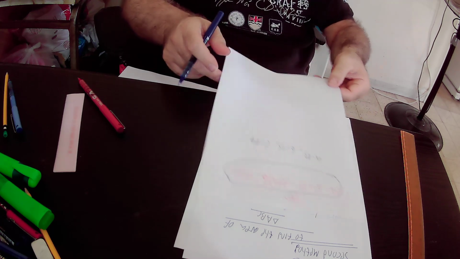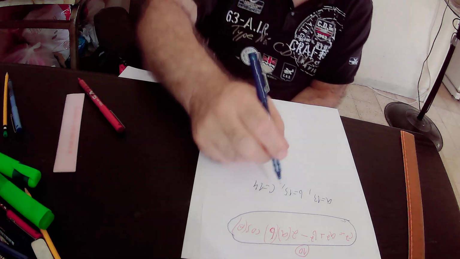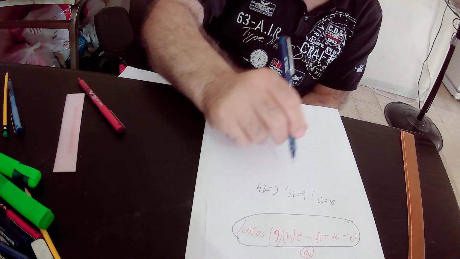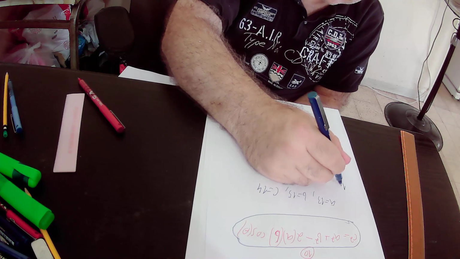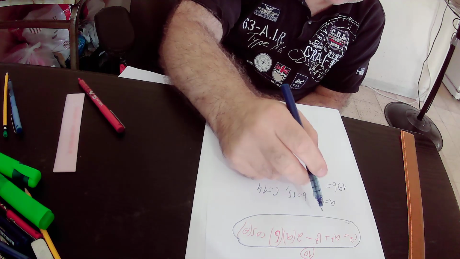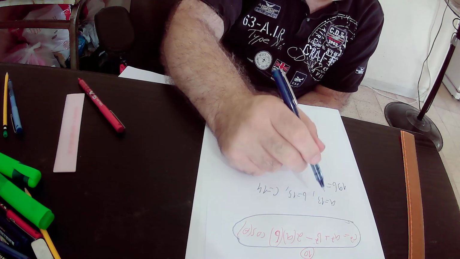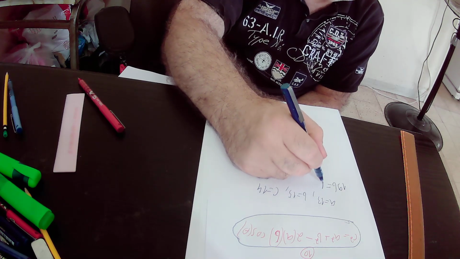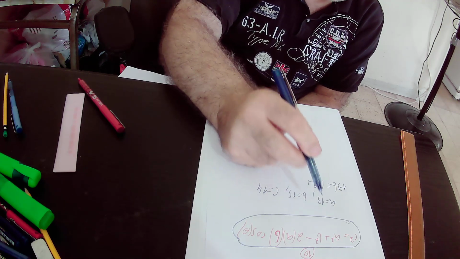Okay, so what is the value of C squared? C equals 14, so C squared is 14 squared, and 14 squared is 196, equals A squared. A equals 13, so A squared is 13 squared, and 13 squared is 169, plus B squared.